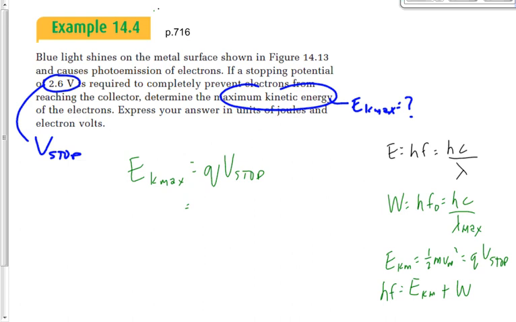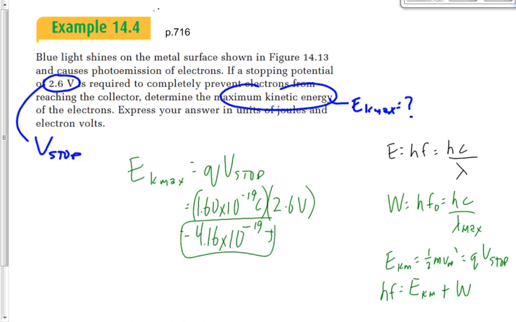It's an electron that's ejected. So what charge are we going to use? The charge of the electron, same as any other electron. 1.60 times 10 to the minus 19 coulombs times the stopping potential, which is 2.6 volts. What do we get when we multiply those numbers together? 4.16 times 10 to the minus 19 joules.